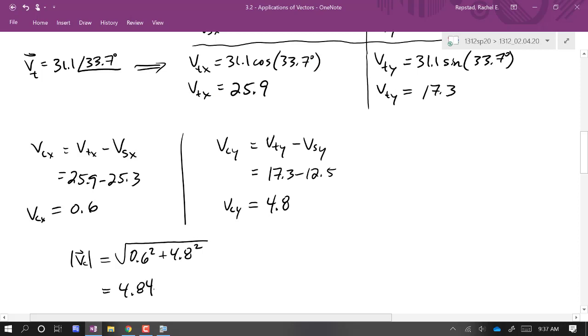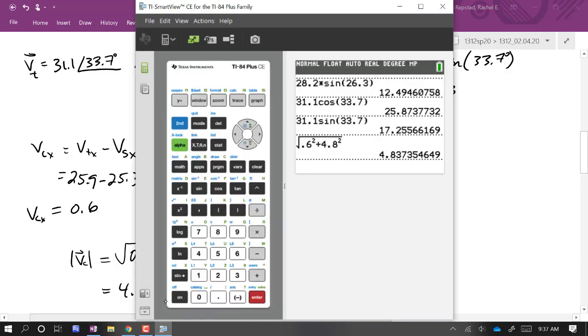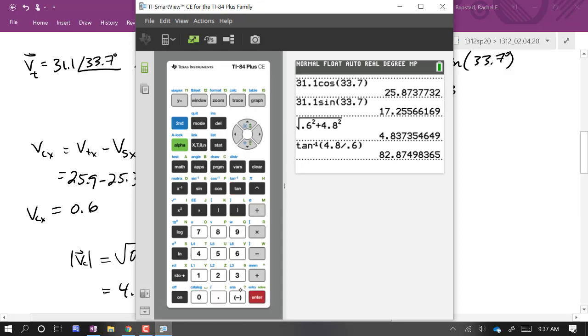Approximately, and the angle is arctan of the y component over the x component, so 4.8 over 0.6, which is 82.9 degrees.